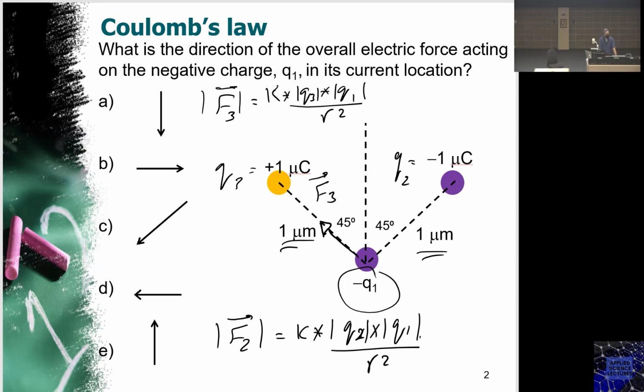And since they are alike, the force would be repulsive, pointing away, which means that F2 would be this. And in this case, if you calculate the total, you would find that the total force would be pointing to the left. So the answer to this question is D.